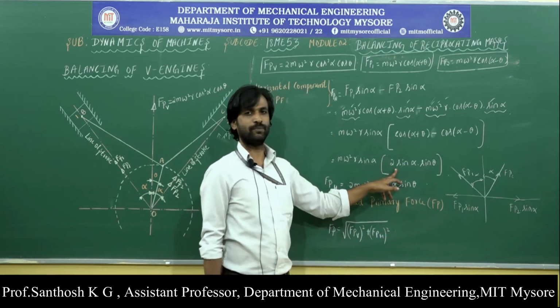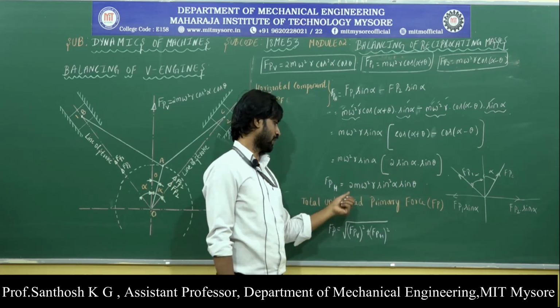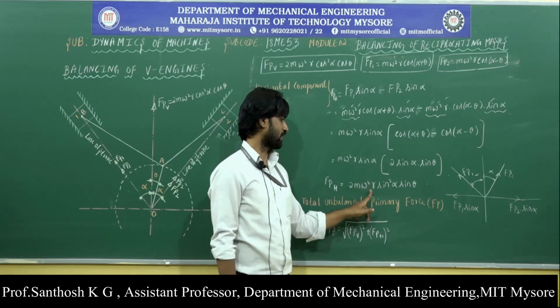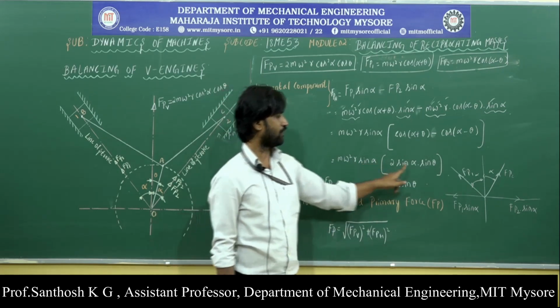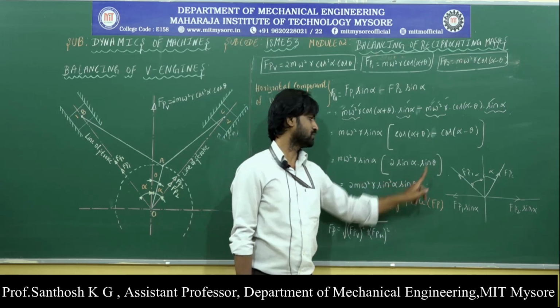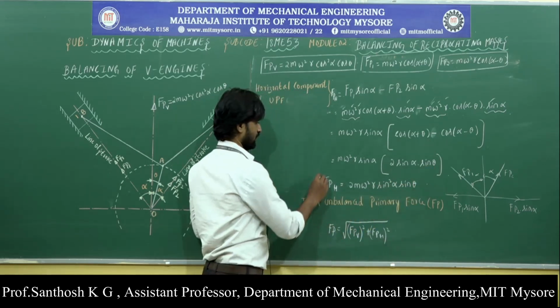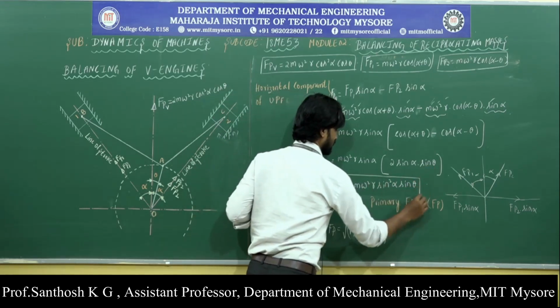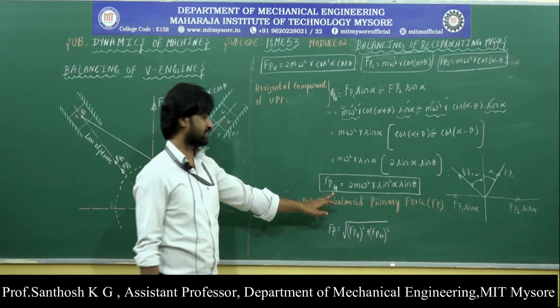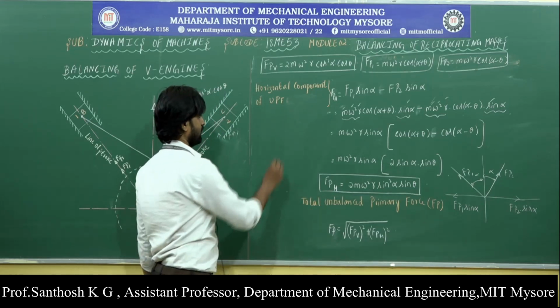Now by simplifying this equation, first I am going to write 2 on the left side, then m omega square r, then sin alpha into sin alpha, which becomes sin square alpha into sin theta. So this equation represents the primary unbalanced force that is acting in the horizontal direction.